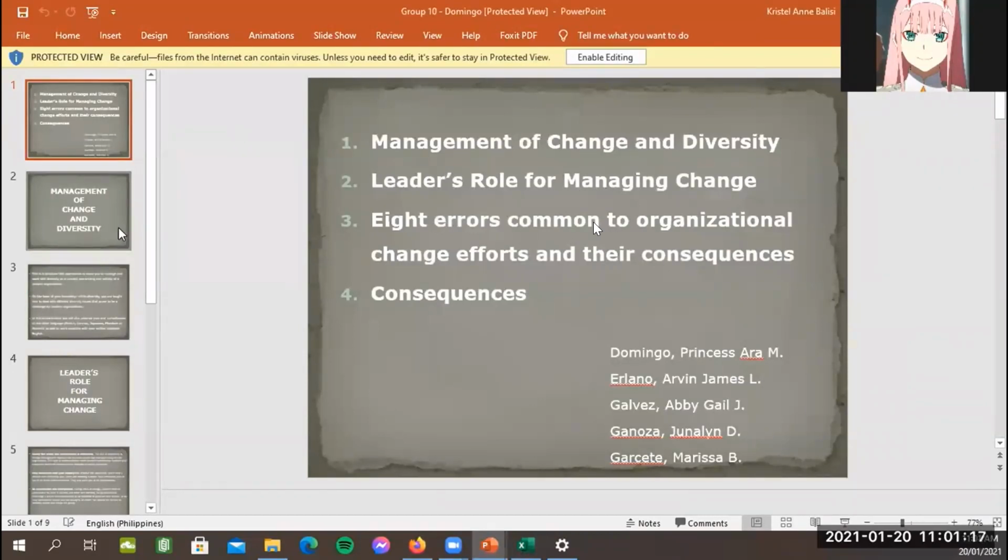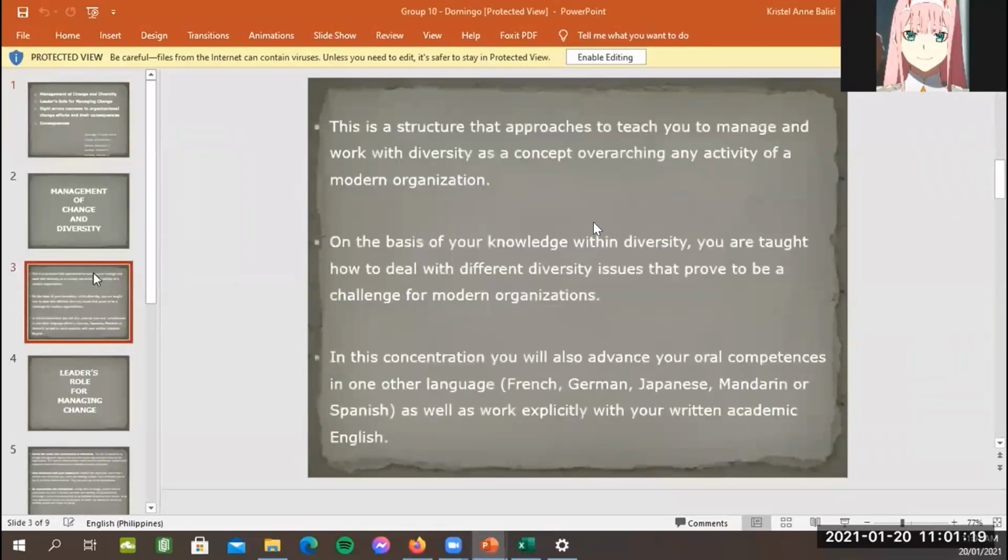On the basis of your knowledge within diversity, you are taught how to deal with different diversity issues that prove to be a challenge for our modern organizations. When you have the knowledge and you encounter some problems, errors, you already know how to deal with them.